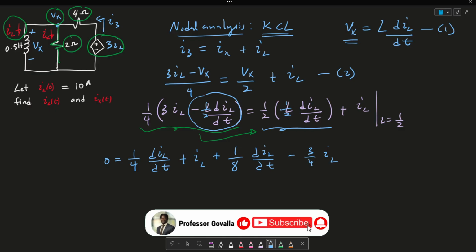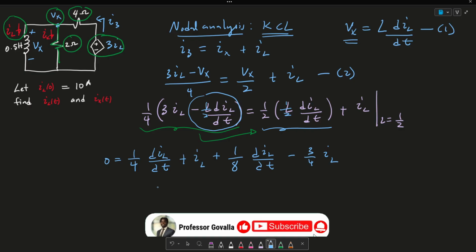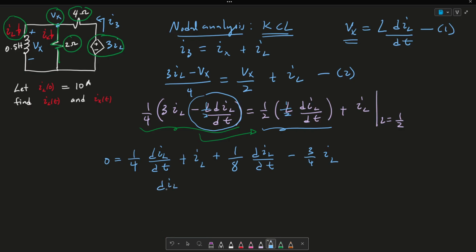Let me go ahead and pull out a diL/dt. This is going to be 1/4 plus 1/8. And then this is going to be plus 1 minus 3 over 4 iL equals 0.